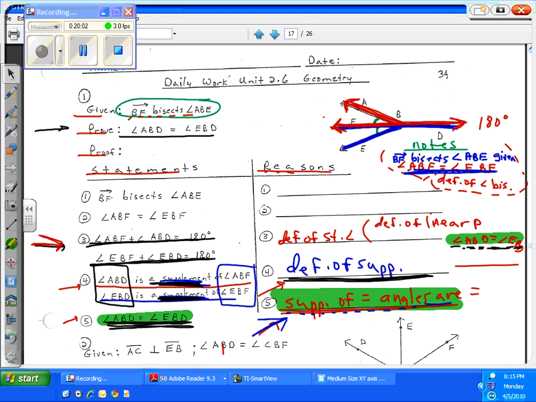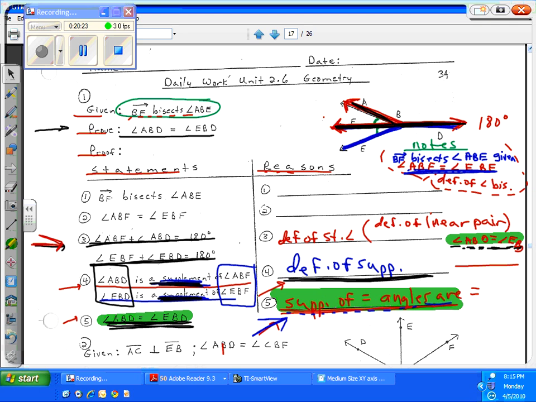Or maybe definition of a linear pair, although I prefer that it say linear pair first, but some texts might allow you to say definition of a linear pair.